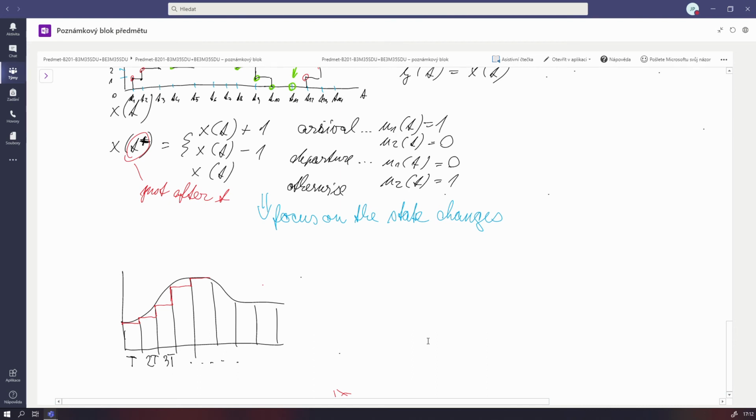Which leads us to another way how the systems can be distinguished. Such a distinguishment is to time-driven and event-driven systems.